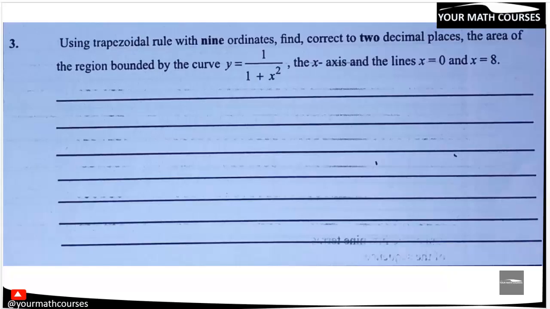We have y equal to 1 over 1 plus x squared. We are going to use how many ordinates? 9.